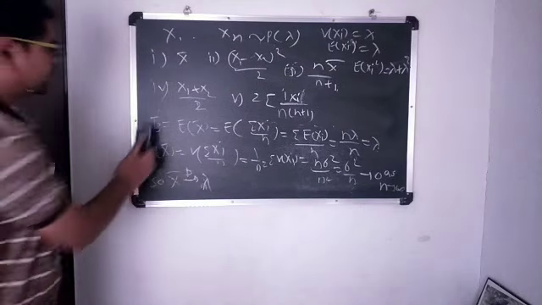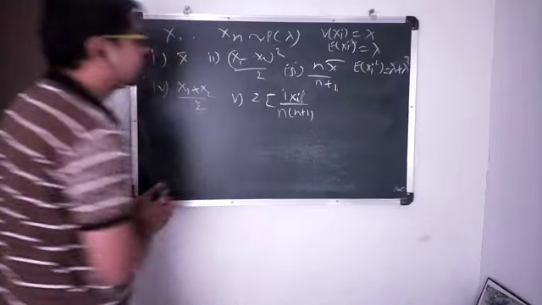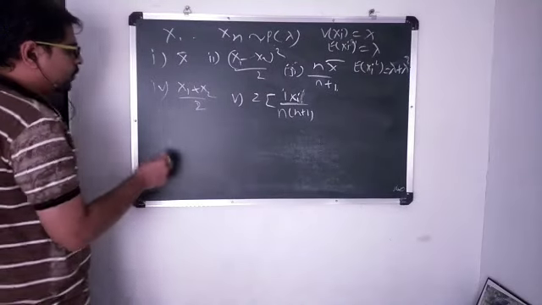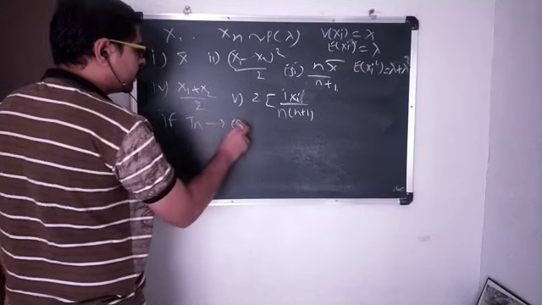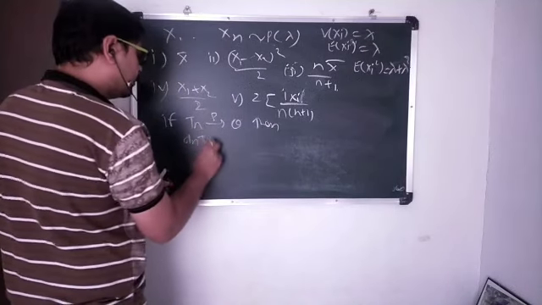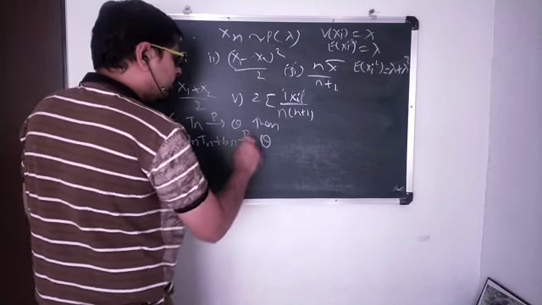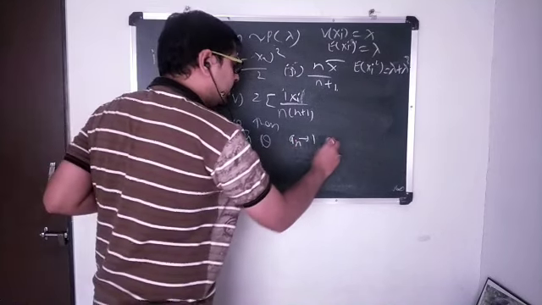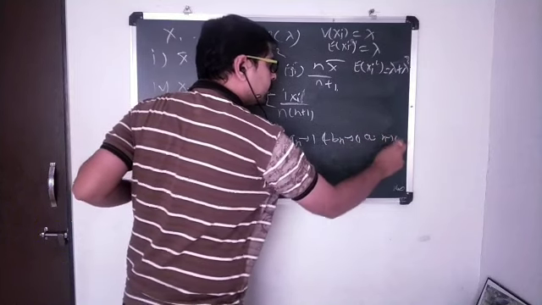Now we will check the consistency of n into n plus 1. We have noted that if Tn is a consistent estimator of theta, then an Tn plus Bn is a consistent estimator of theta, provided an tends to 1 and Bn tends to 0 as n tends to infinity.